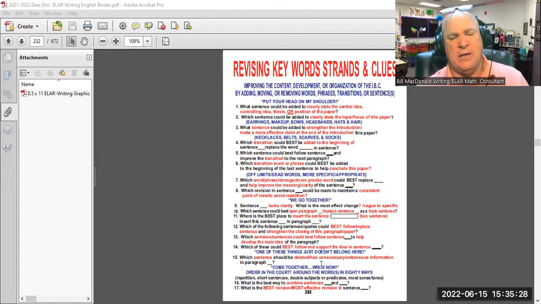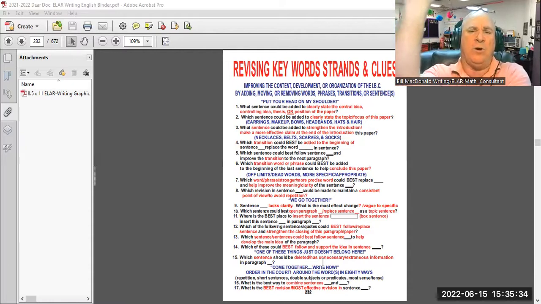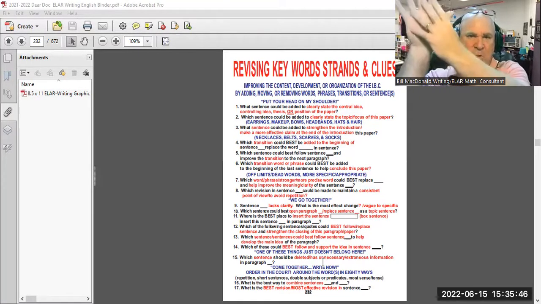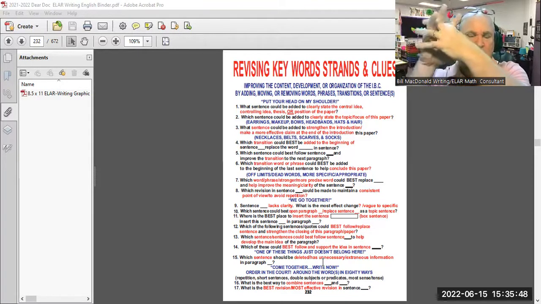So it's like the keyword that your kids could be asked in terms of the arm, the word, the phrase, the line, the combining sentences, the transitioning between two sentences or two paragraphs, or adding a sentence to a paragraph, or adding, removing or replacing a sentence in a whole passage.